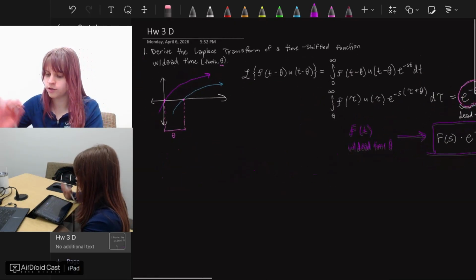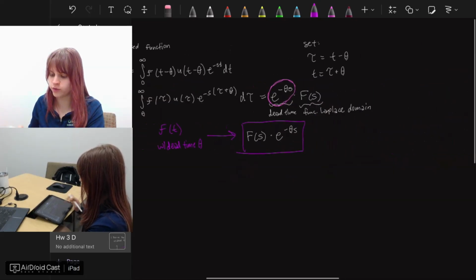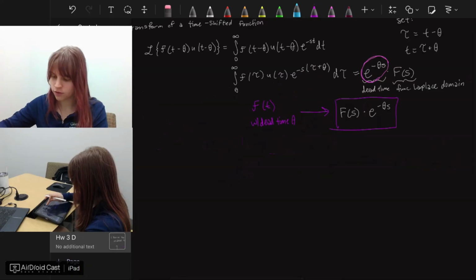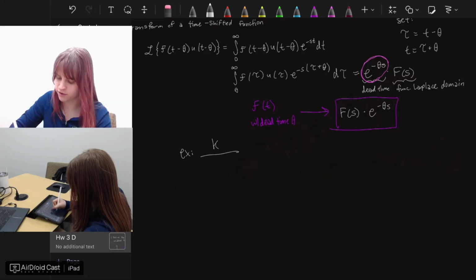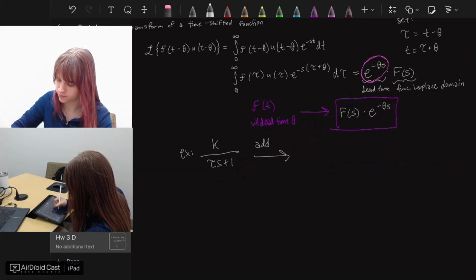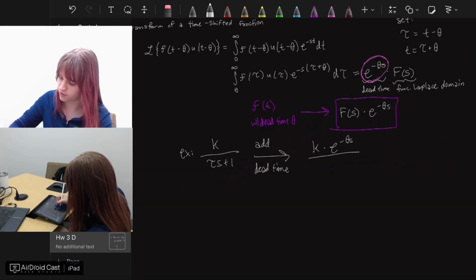That is our Laplace transform for a function with dead time. So for example, if we had k over tau s plus 1 and we added dead time, we would be left with k times e to the negative theta s over tau s plus 1.